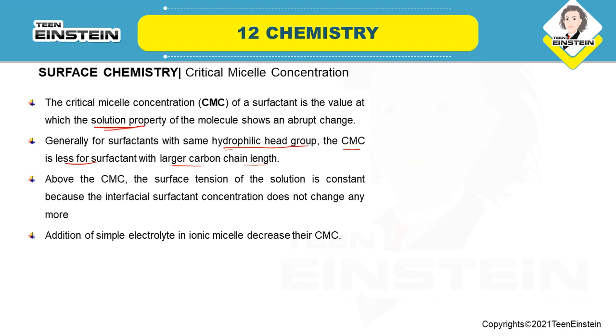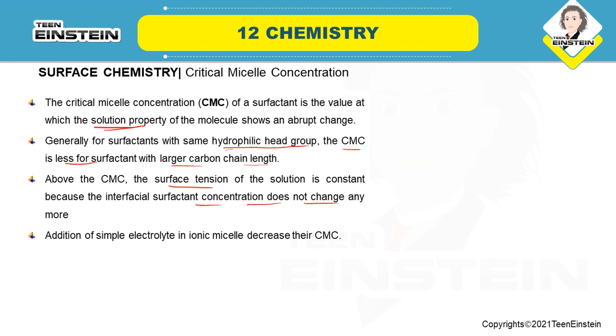Now above CMC, as we have mentioned, the physical properties of the solution will change. So the surface tension of the solution, if we consider, will be constant after CMC, because now the interfacial surfactant concentration has already reached the saturation point. So further adsorption is not possible.